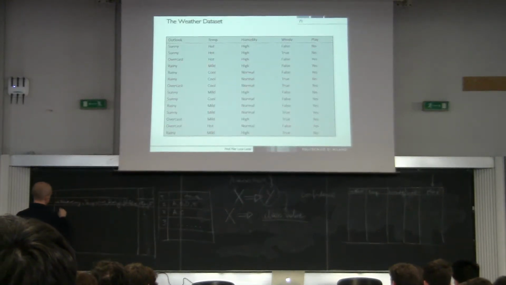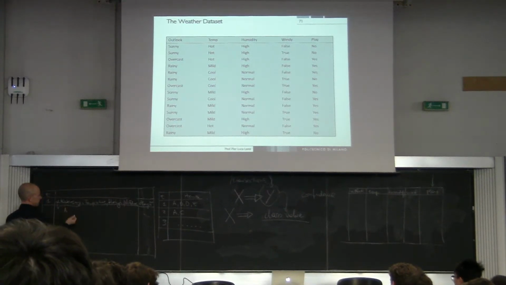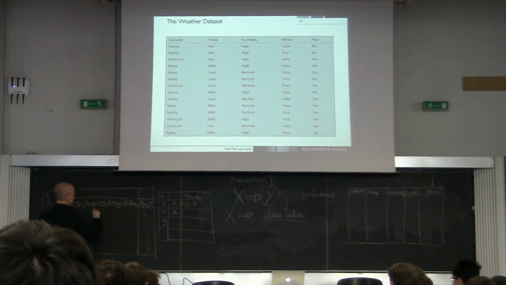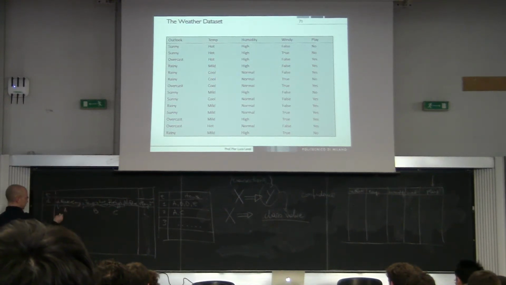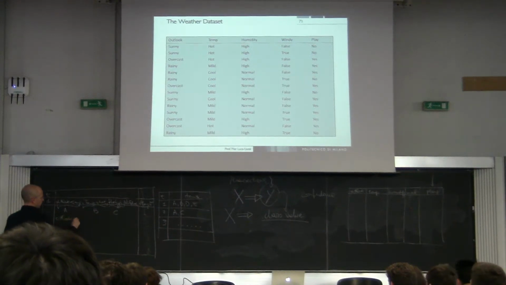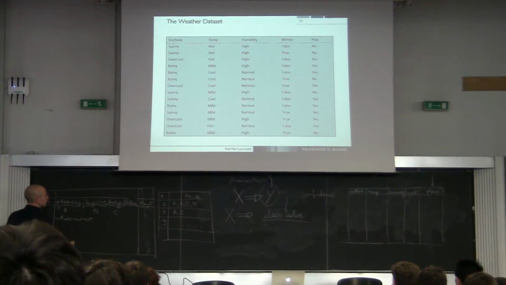Now, this becomes for me atomic items like A, okay, or B, or C. And obviously, there is another item that could be Outlook is equal to Overcast, which is another item, okay?